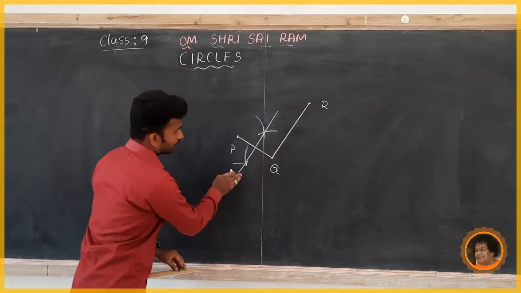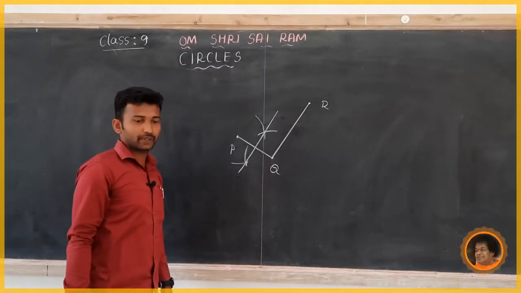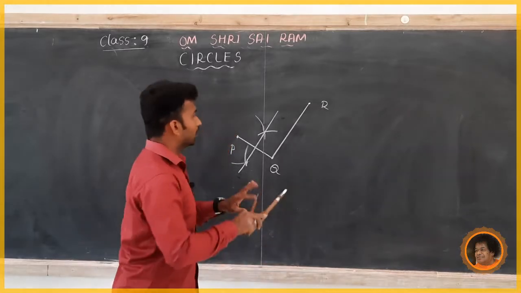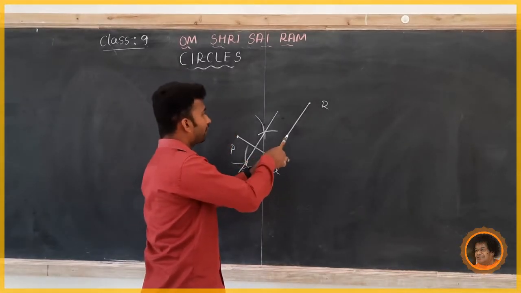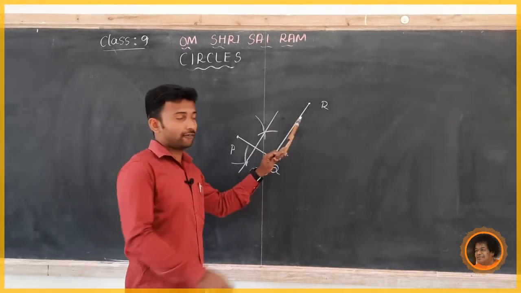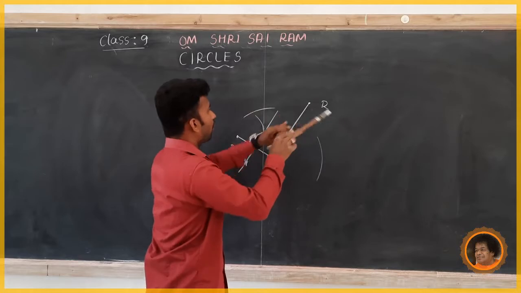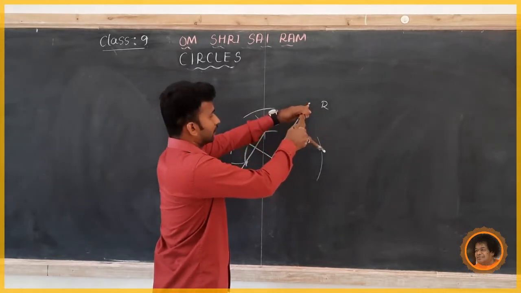This is the bisector of PQ. Then draw the bisector of QR in the same way, by taking more than half of line segment RQ and drawing two arcs.